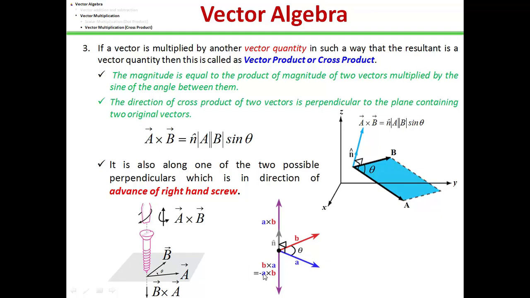In the case of b cross a multiplication, the angle will form from b to a, so the rotation of fingers is in the clockwise direction, the thumb will go in the downward direction, so that's why the direction of b cross a will be downward, and it can also be written as minus of a cross b. That means the direction is just opposite of a cross b.